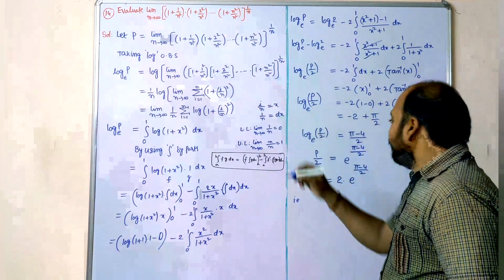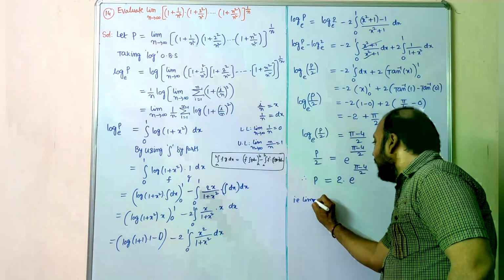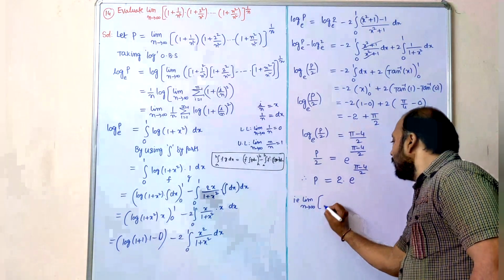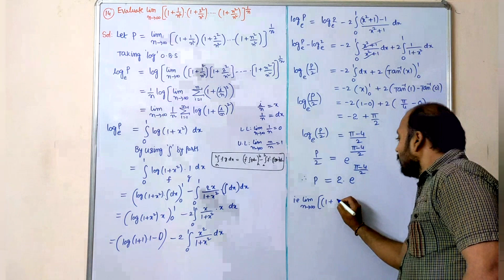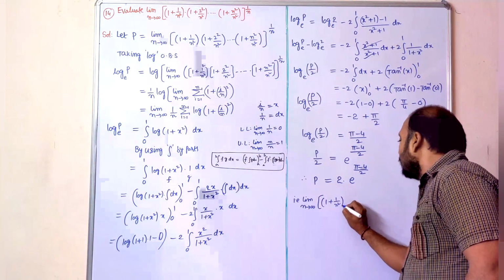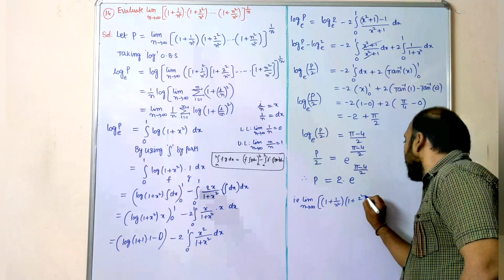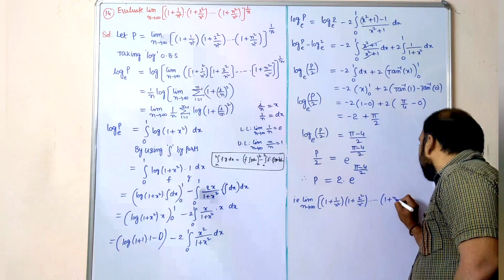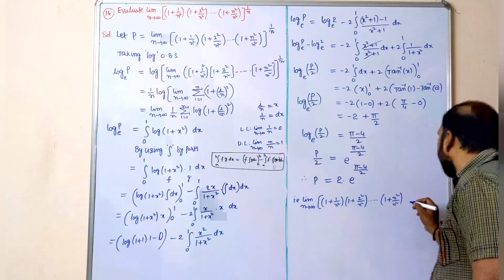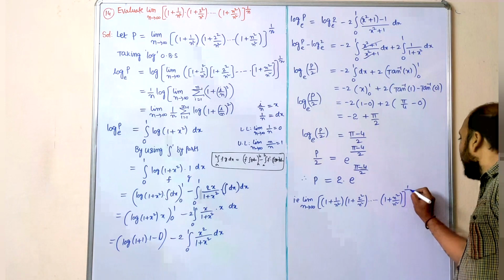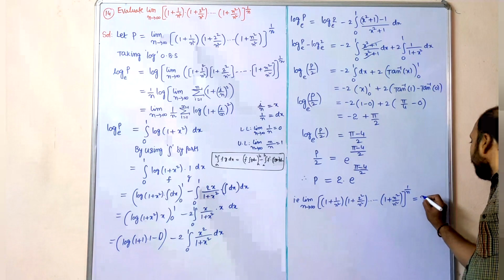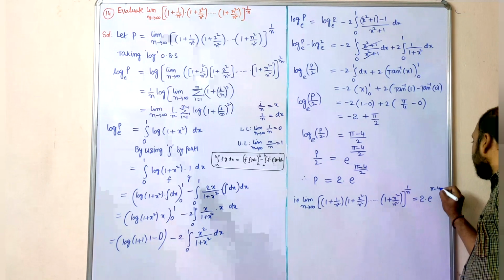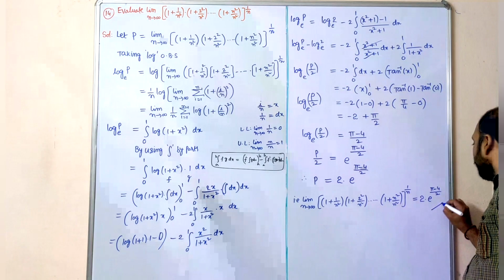We assumed the limit as n tends to infinity of 1 plus 1 by n square, 1 plus 2 square by n square, and so on, 1 plus n square by n square, whole power 1 by n, is equal to 2 into e power of pi minus 4 divided by 2.